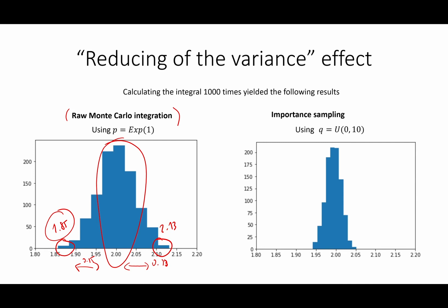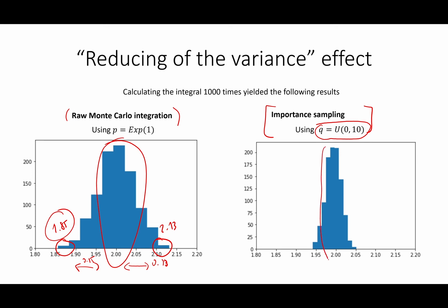So I want to be more precise, and a very important, interesting thing is that when I used importance sampling using the Q distribution, a uniform distribution from 0 to 10, the variance was actually much lower.